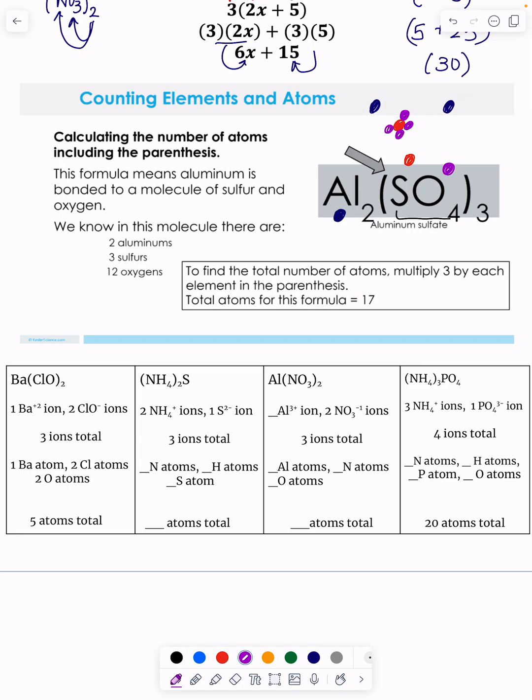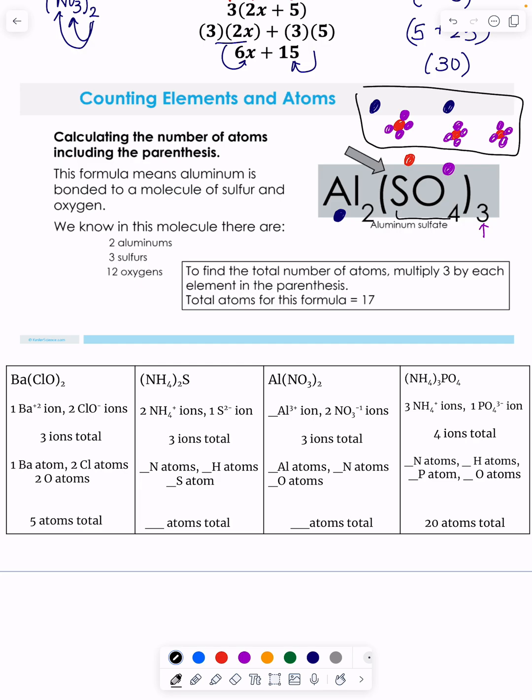Now this parentheses tells me that there are 3 of these SO4s. So I'm going to draw those in total here. 1, 2, 3, 4. 1, 2, 3, 4. These are all of the ions for this compound.